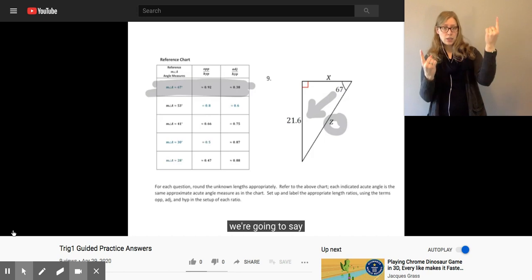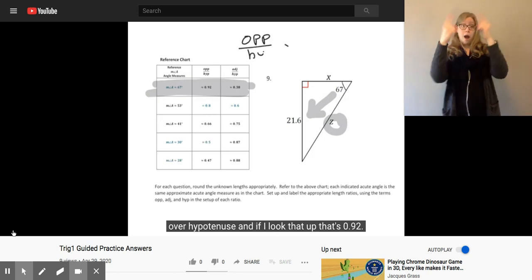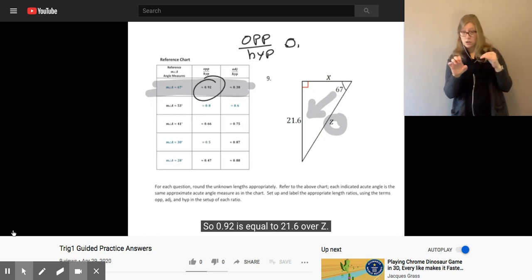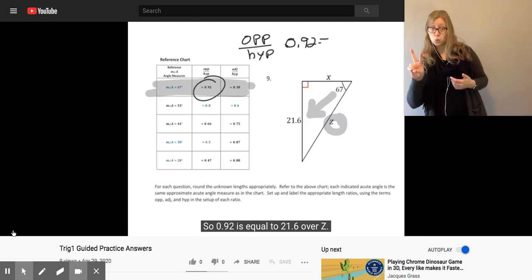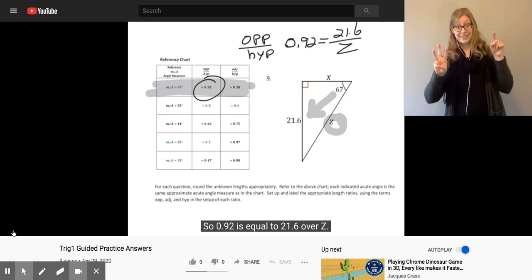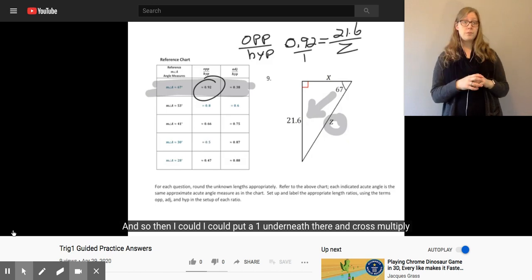And so we're going to say opposite over hypotenuse, and if I look that up, that's 0.92. So 0.92 is equal to 21.6 over z. And then I could put a 1 underneath there and cross multiply.